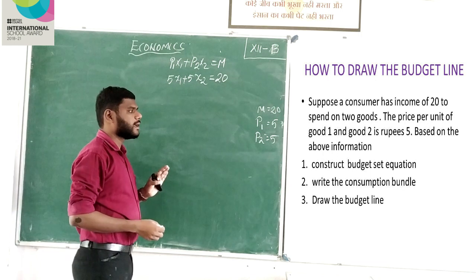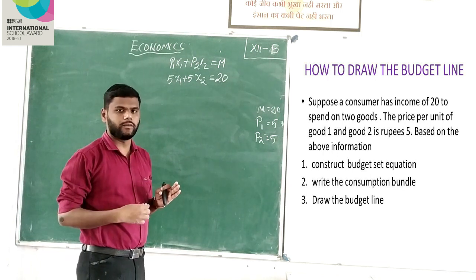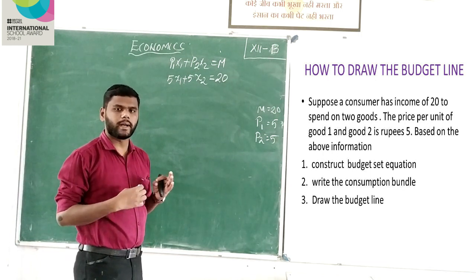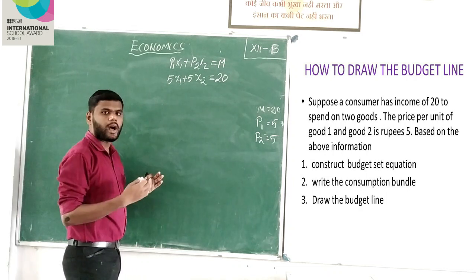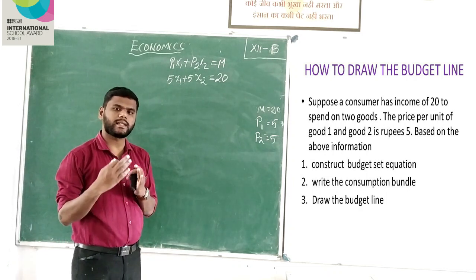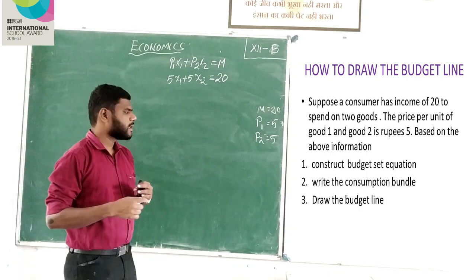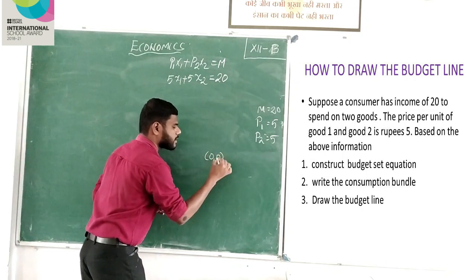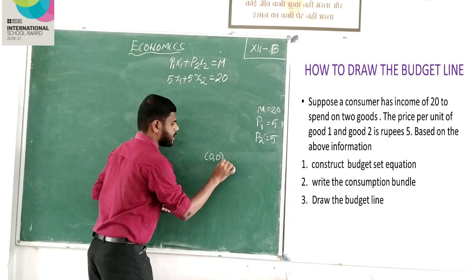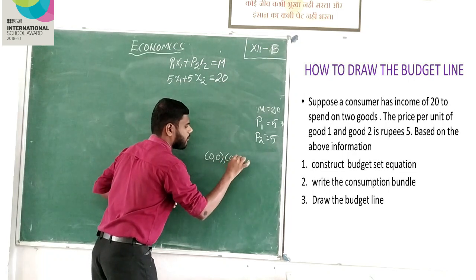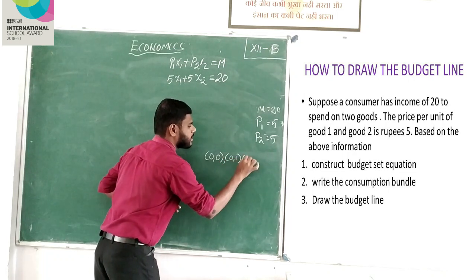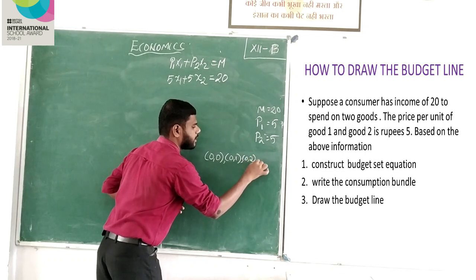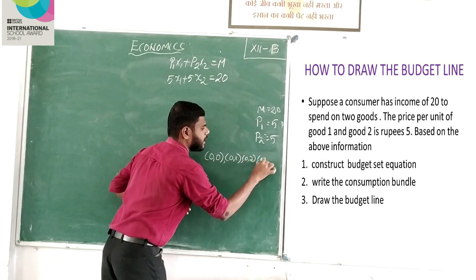Second question, write the consumption bundle. That is, how much a consumer can purchase with his income. First, 0, 0. He is not purchasing either commodity. Then 0, 1. Then 0, 2. Then 0, 3.